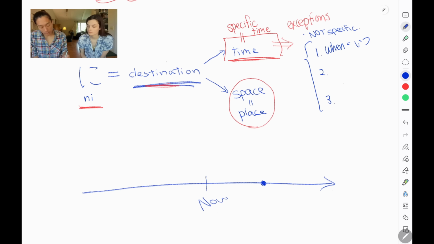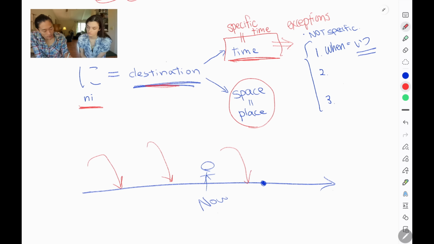Let's say this is now, and you want to ask, hey, what time are you gonna go to bed, or when are you gonna, right? When is itsu. Since you're asking when, that means there are lots of possibilities of destination. You don't know when exactly it is.